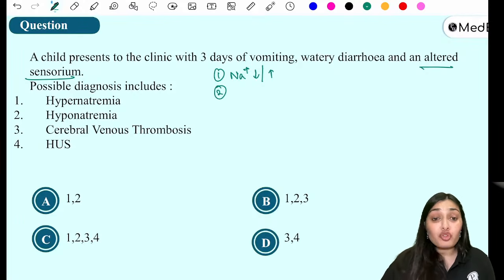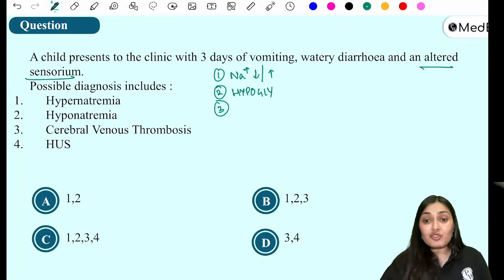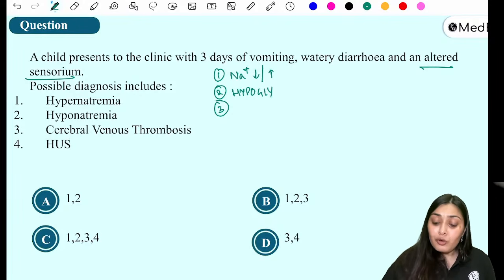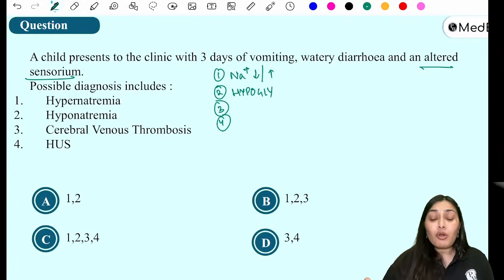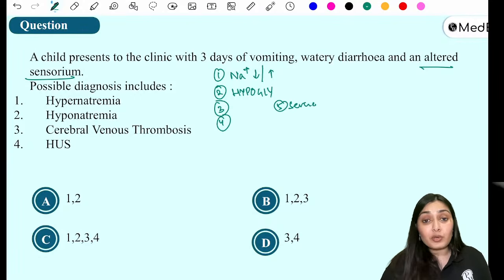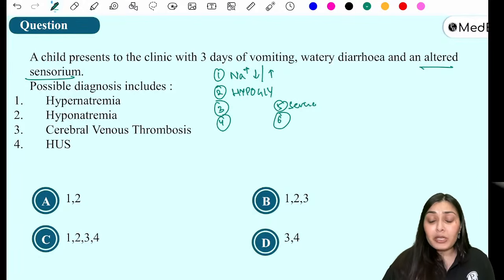Second cause is sugar, hypoglycemia. Third cause is meningitis, encephalitis. Fourth cause, your cerebral venous sinus thrombosis. Or it could be very severe dehydration, because of which there is altered sensorium. Or it could be febrile seizure, right?